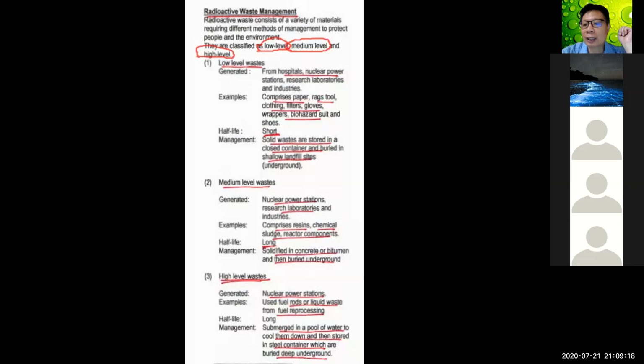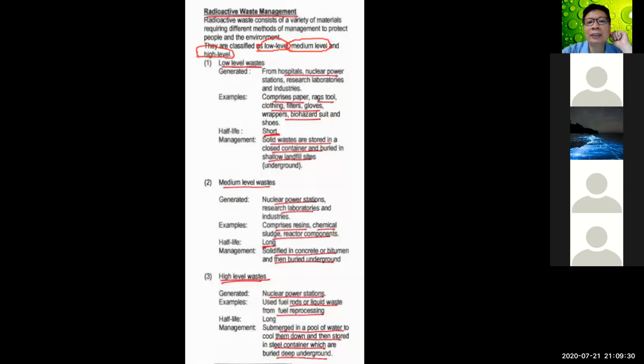The next one is Liao Jingning. Are you still there? Liao, medium level, how to handle?